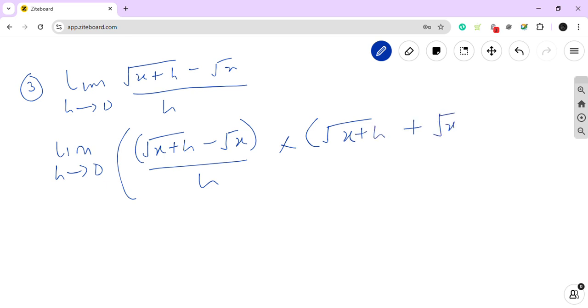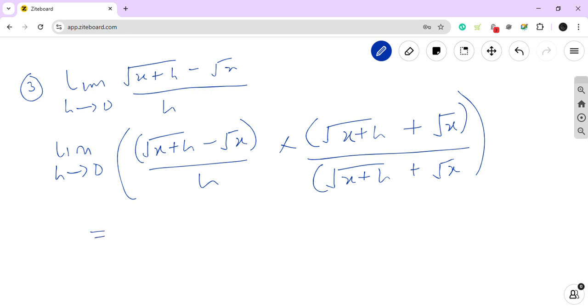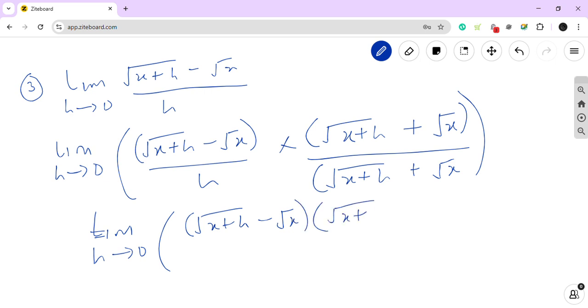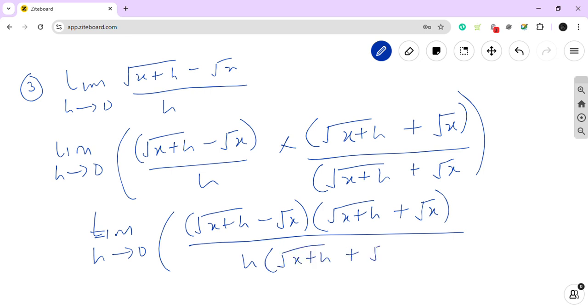That's the conjugate. Then you do the same thing for the denominator too. So this can be written as limit as h tends to 0 of root x plus h minus root x, times root x plus h plus root x, over h times root x plus h plus root x.